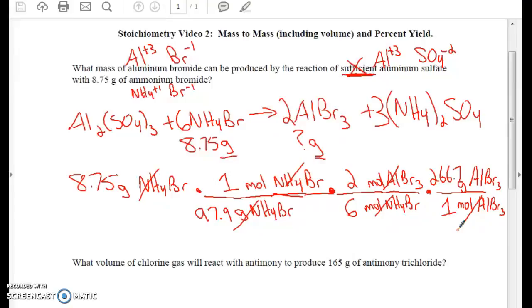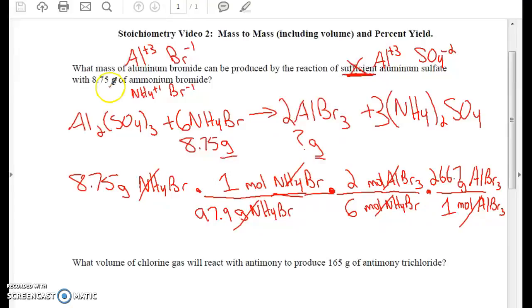Now what we end up doing is 8.75 divided by 97.9 multiplied by 2 divided by 6 multiplied by 266.7. Let's make sure I did this right. All right, that ends up giving you an answer of 7.9456 and a whole bunch of numbers.